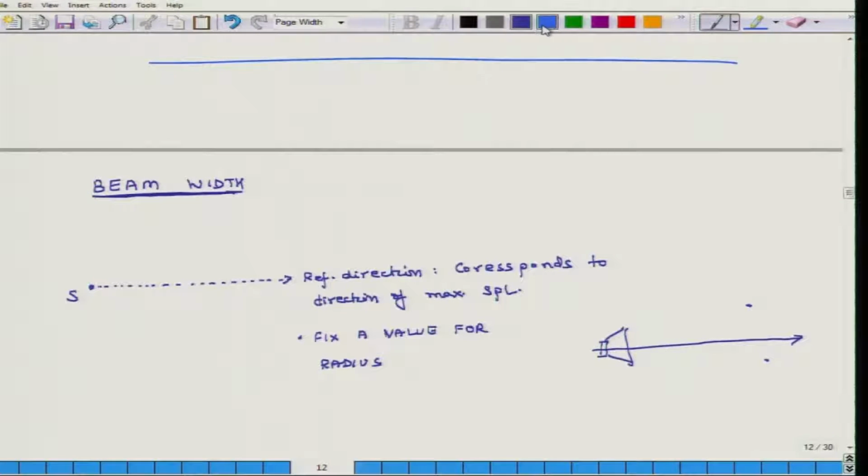Let us say the radius is this. This is my R.